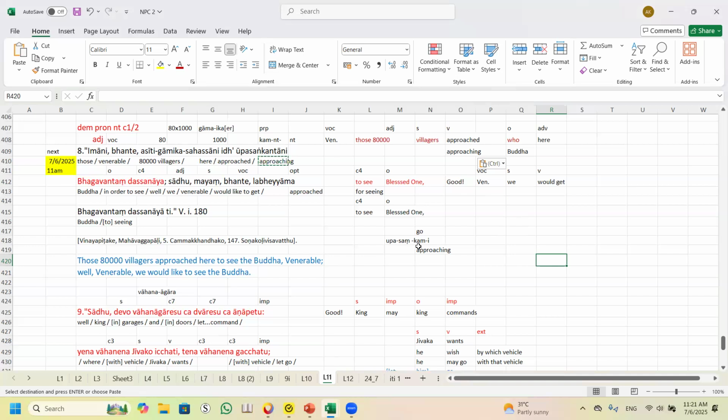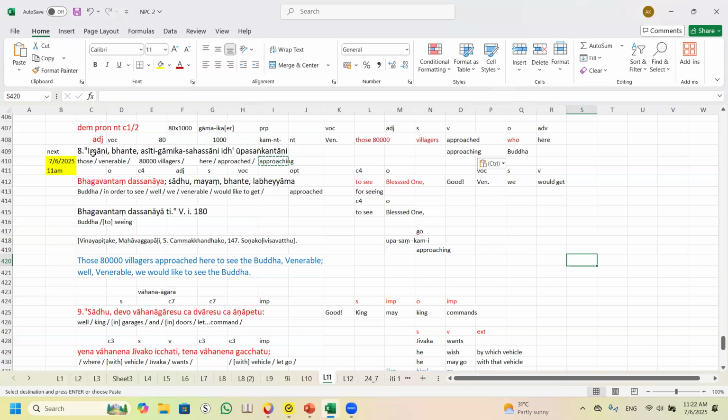Upa, sam, kam, and then you look at this NT. You can see the NT there. NT plus ani, that means this is your stem. This is the stem, because to qualify the 80,000, the ani is there. Yes, it has to be CN all the way. One, two, three.